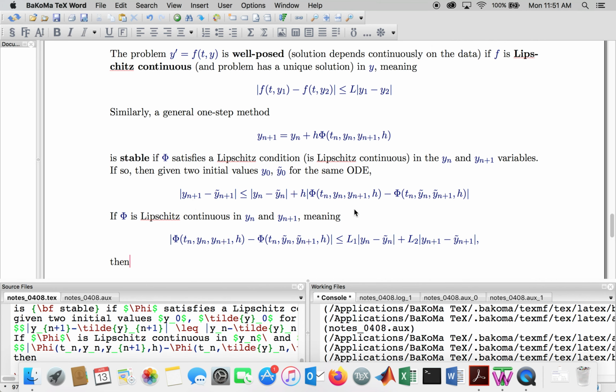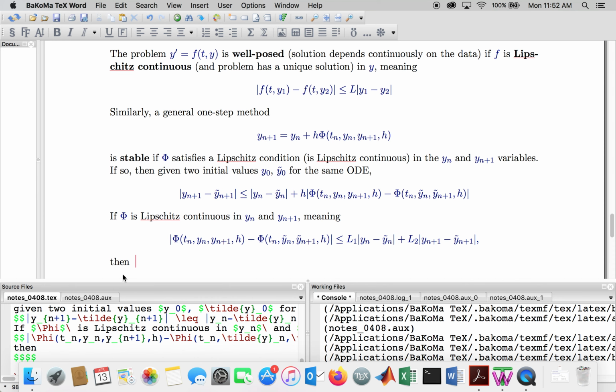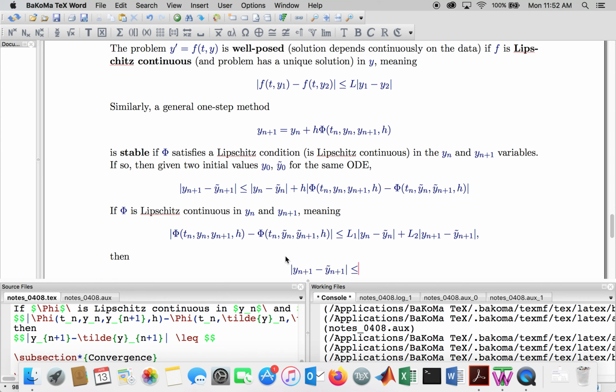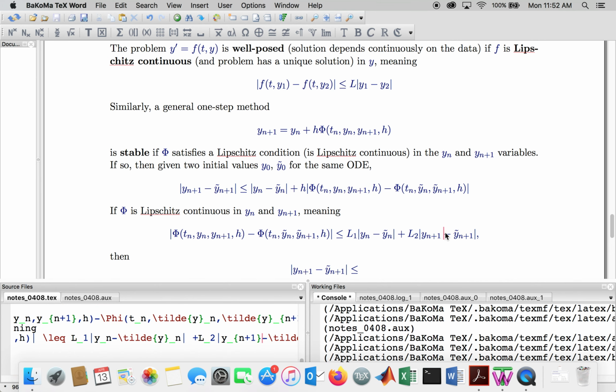So then, if I incorporate this up in here, then what we have is the difference in n plus 1 values is less than or equal to, so there's going to be some algebraic hocus pocus here, because I'm going to replace this with this right here.